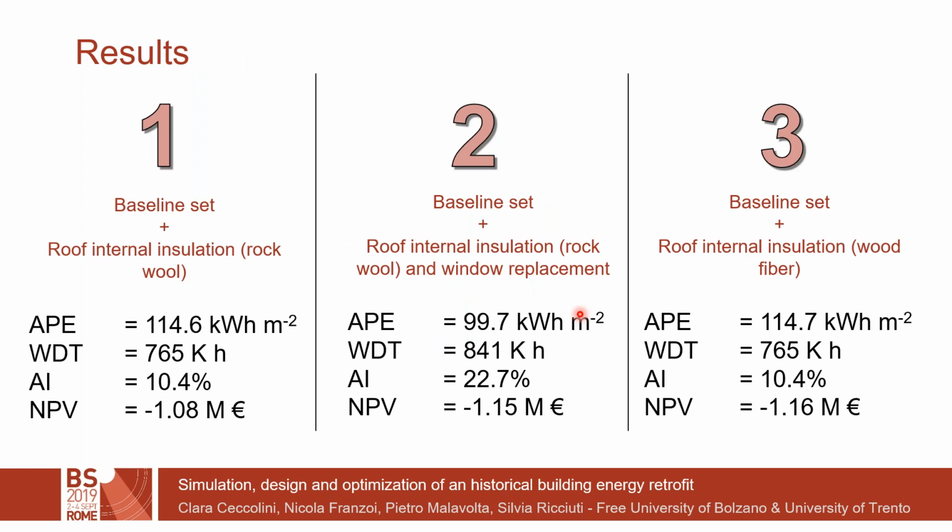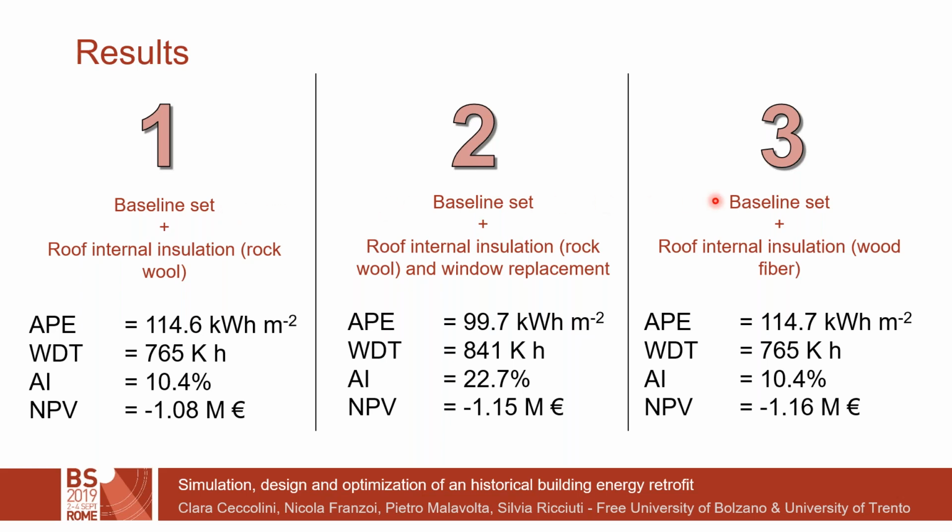That report is a summary of the data regarding the 3 optimal retrofits. Optimum number 1 has the maximum net present value and consists only of insulating the roof on the inner side with rockwool.